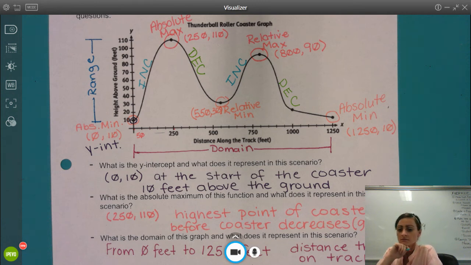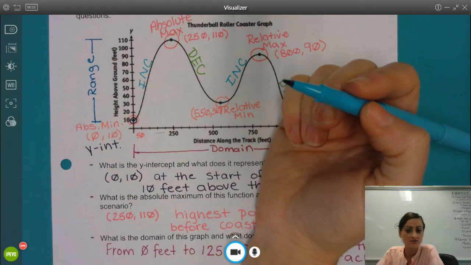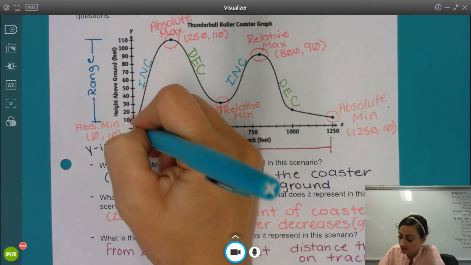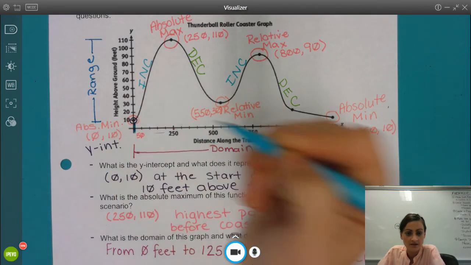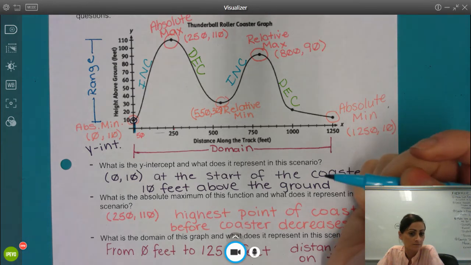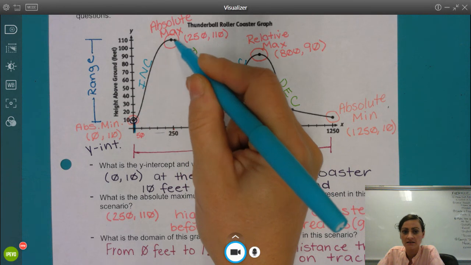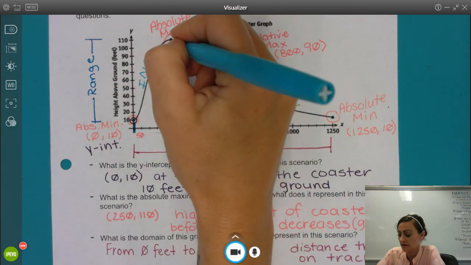So, our increasing intervals are written using our input or our domain values along where our graph is going up. So here's how I like to start doing this. My increasing function begins at a minimum, and it's going to increase until I get to some type of maximum.